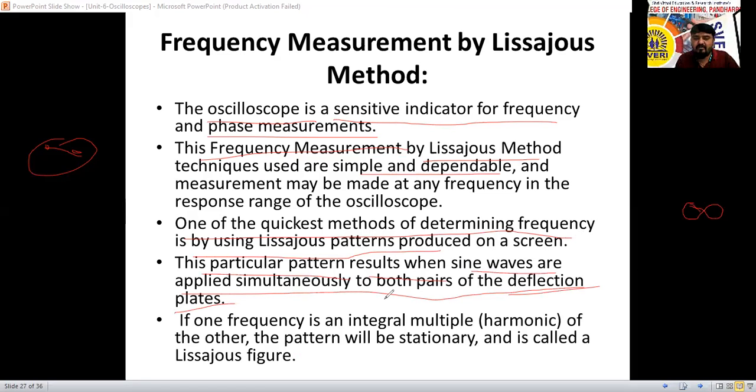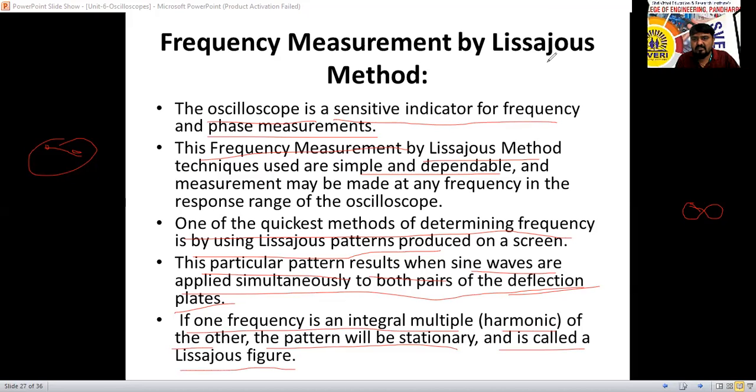If one frequency is an integral multiple, that is, a harmonic, of the other, the pattern will be stationary. That is called the Lissajous figure or Lissajous method.